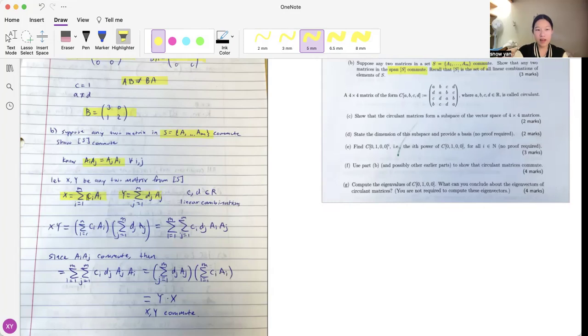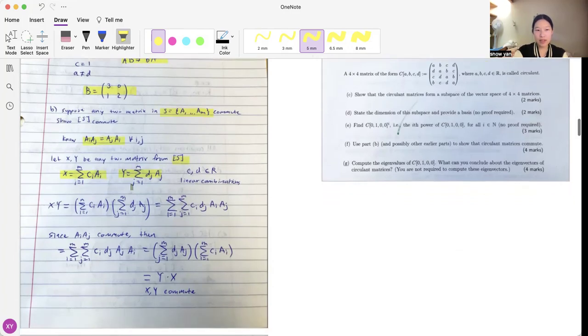So then let's say X and Y are arbitrary matrices in the span of S. Then we set ci and dj to be the coefficients of the linear combinations. And then we get the form of XY as these two things multiplied together. Organizing it together, we get this form.